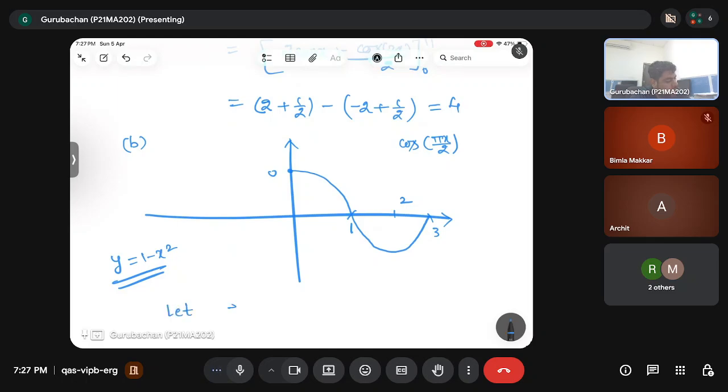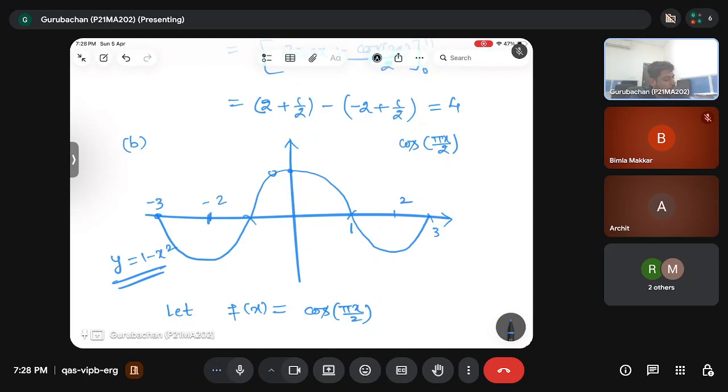Mathematically, let f(x) be equal to cos pi x by 2. We have not been told the range of x. So it will be like this, minus 3, minus 2.